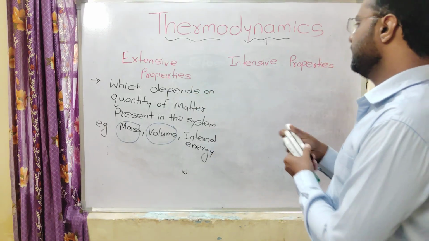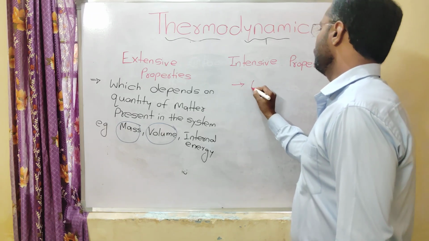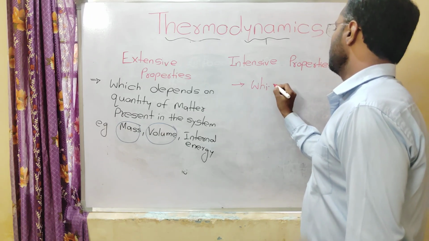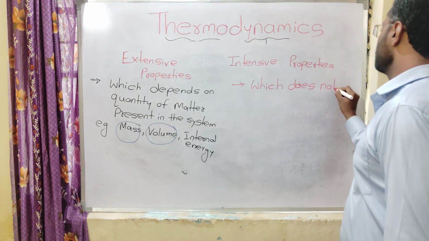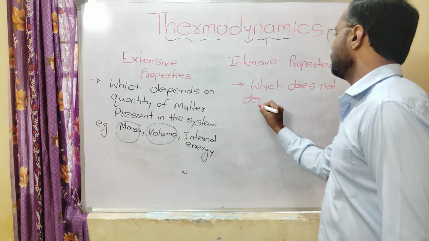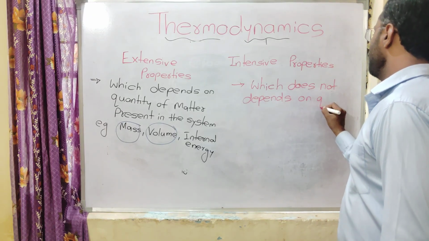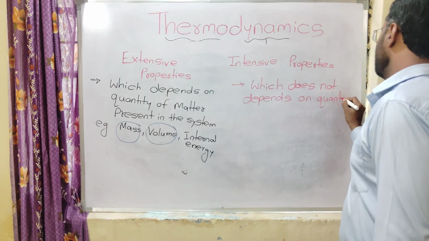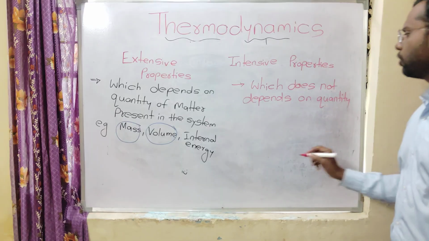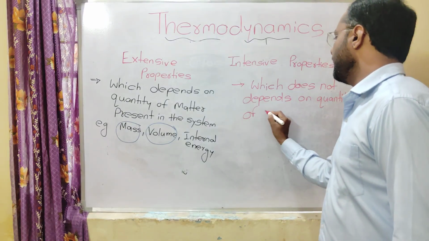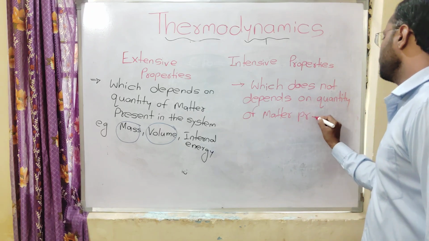So the second part is intensive property, which does not depend on quantity of matter. So intensive properties are those properties which do not depend on the quantity of matter present in the system.